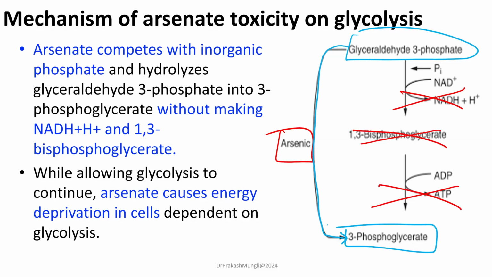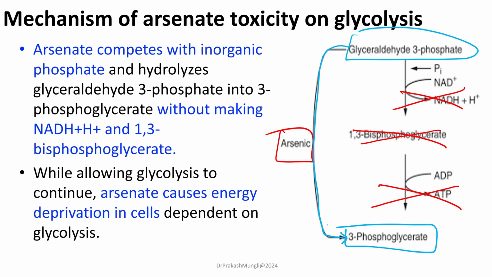As you see, it is bypassing one of the reactions down there. It is not allowing 1,3-bisphosphoglycerate to be made. It simply brings that glyceraldehyde 3-phosphate directly into 3-phosphoglycerate. That means you don't make NADH, you don't make ATP. So if you don't make NADH, that means you're losing 2.5 ATP, right? If you are not making 1,3-bisphosphoglycerate, that means you are losing those ATPs at substrate level phosphorylation.